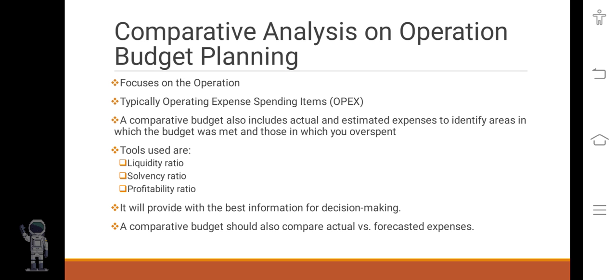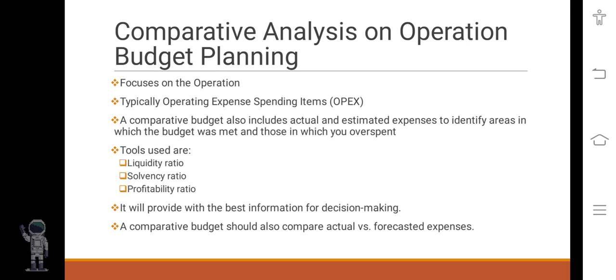So the comparative analysis on operating budget planning also focuses on the operation, typically operating expenditure items or the OPEX. A comparative budget also includes actual and estimated expenses to identify areas in which the budget has been met and those in which you are overspent.